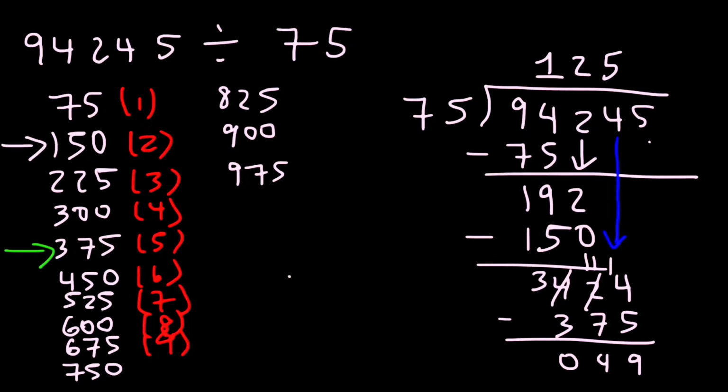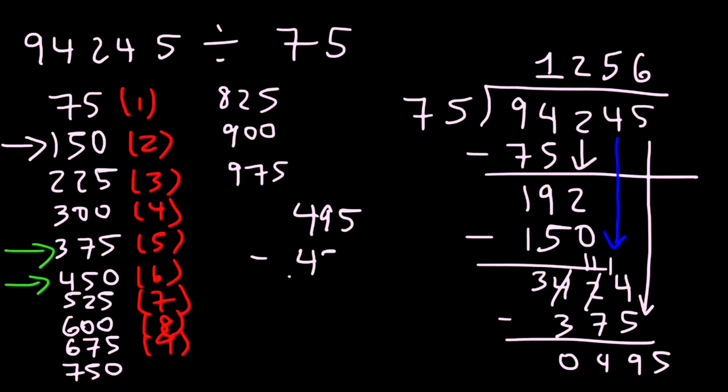Now let's bring down the 5. How many times does 75 go into 495? It goes into it at least 6 times. And so it's going to be 495 minus 450, which is 45.